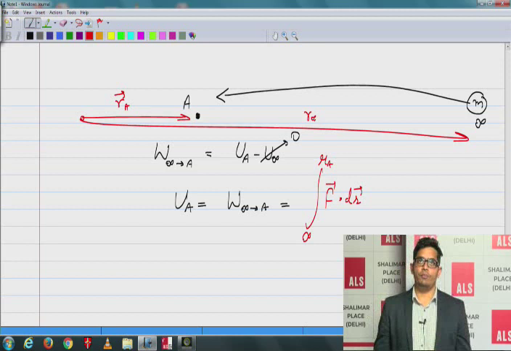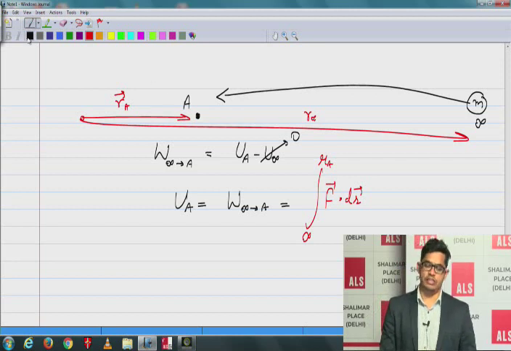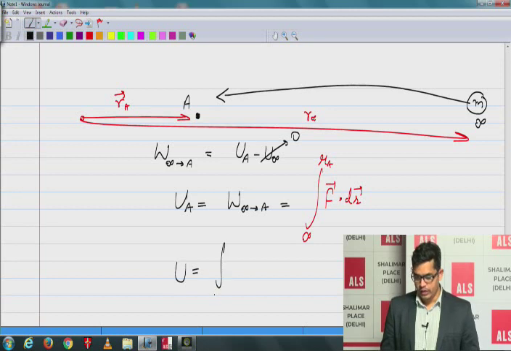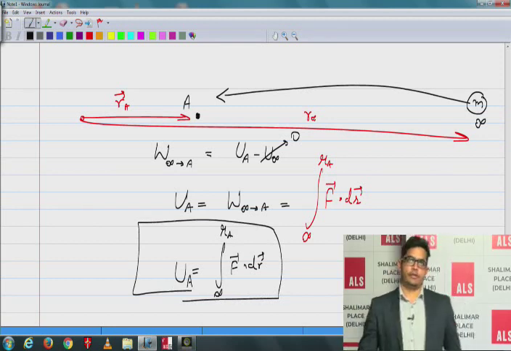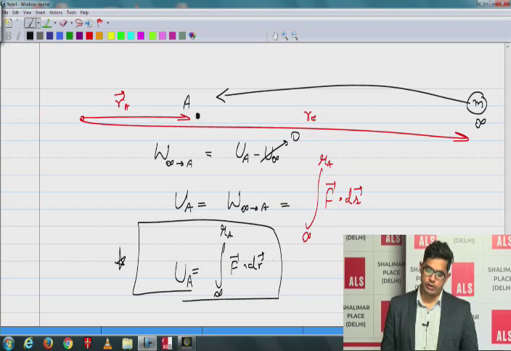This is the formal or general formula for potential energy. So potential energy is equal to the integral of F dot dr from infinity to that point Ra, and that will be the potential at A. Please write down this formula.